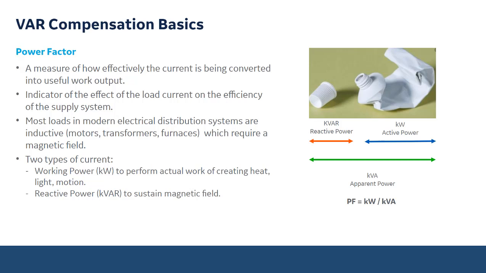That's your green bar, the total of your toothpaste tube: your kW active power of what you're actually getting, and your reactive power, which is the unusable. We'll go further into your power factor, which is your kW divided by kVA, your ultimate power factor.